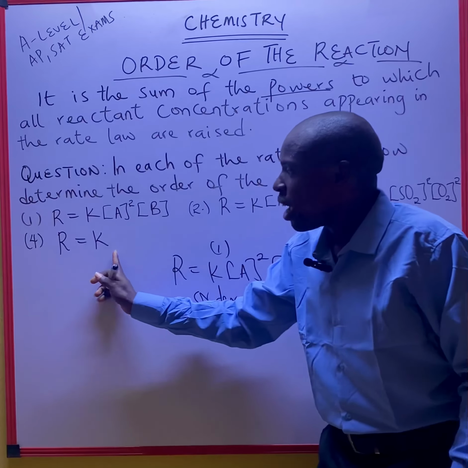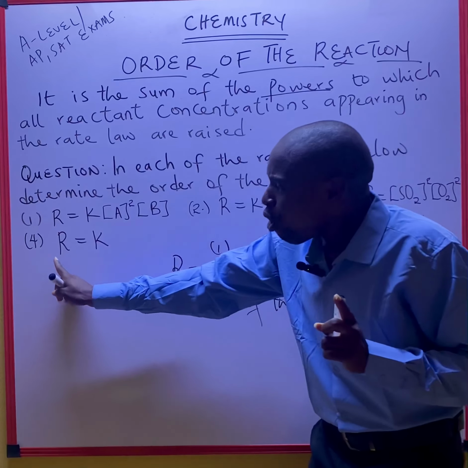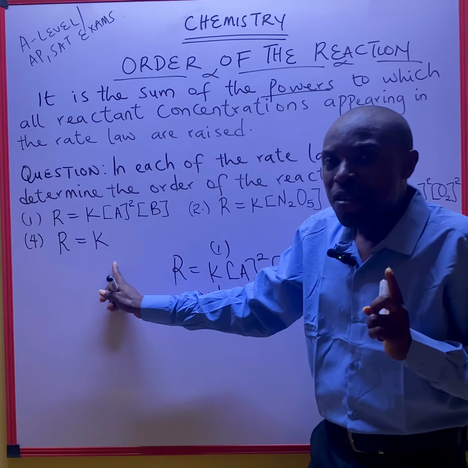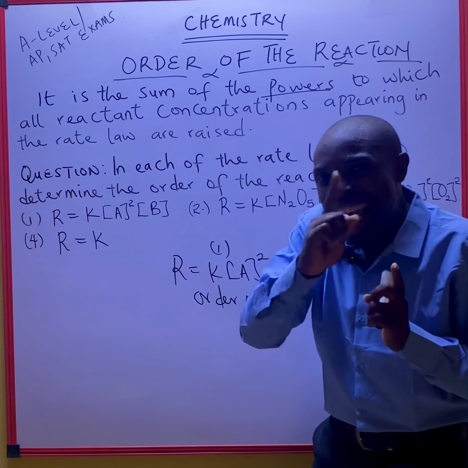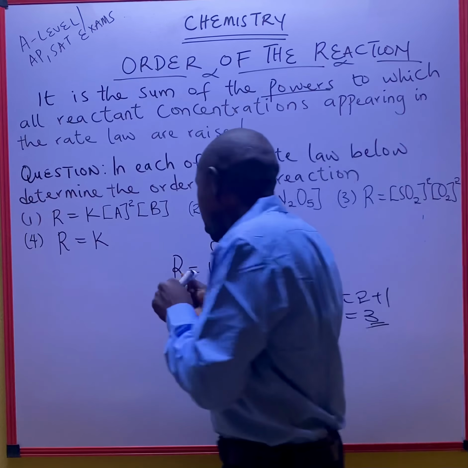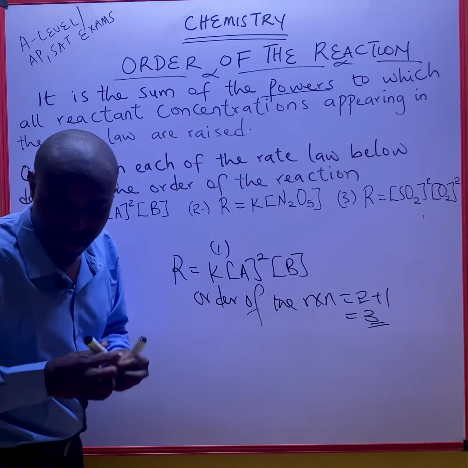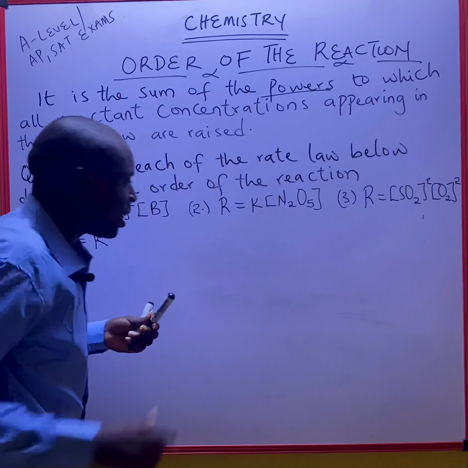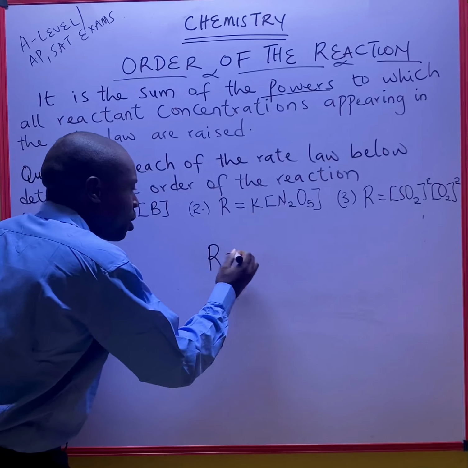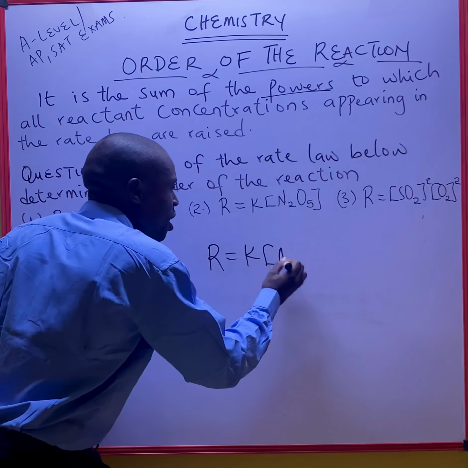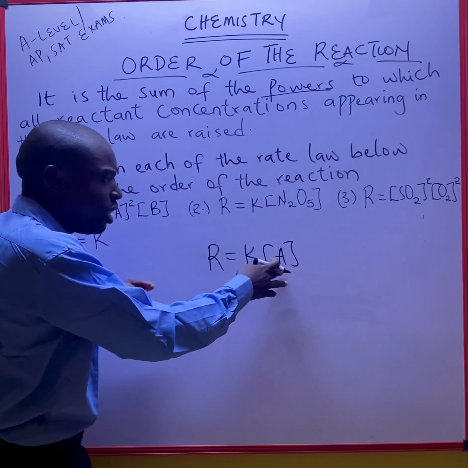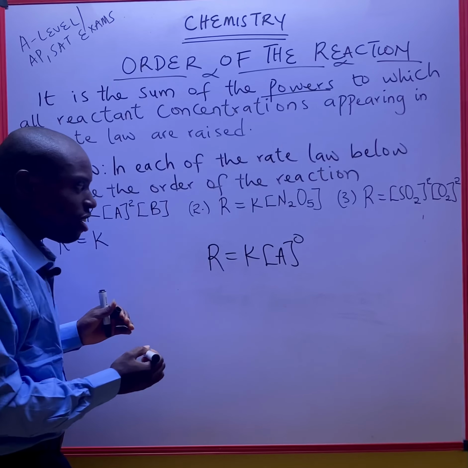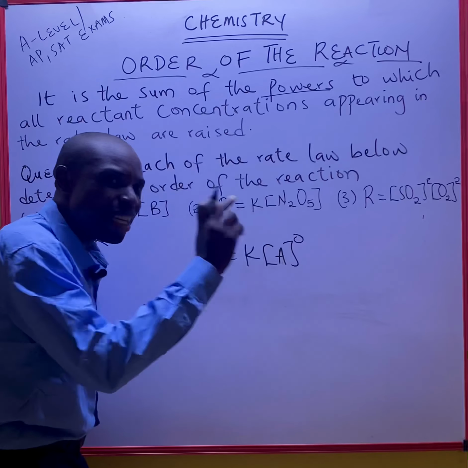Now, the last one here is R is equal to K. For your rate of the reaction to be equal to your rate constant, it means that the order is 0. How? If I'm having R is equal to K, if I put any reactant here raised to the power 0, anything raised to power 0 is 1.